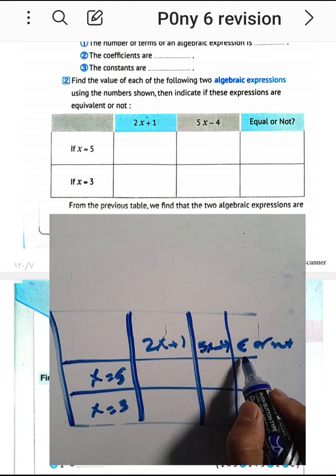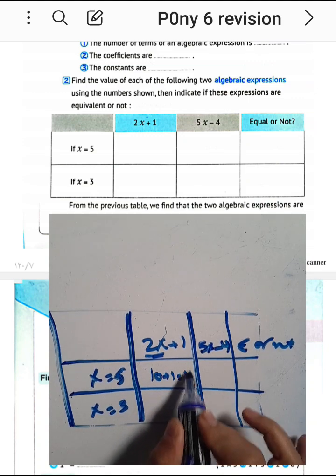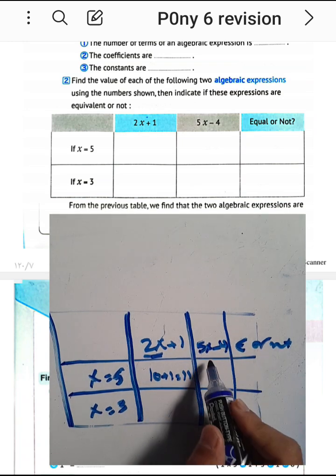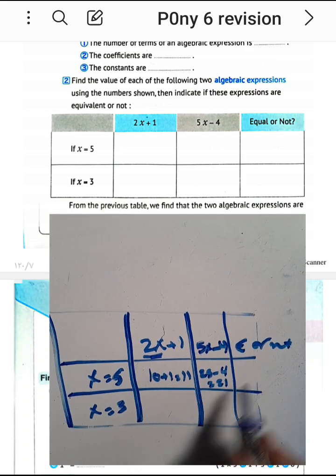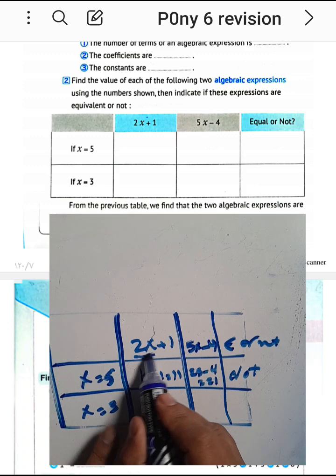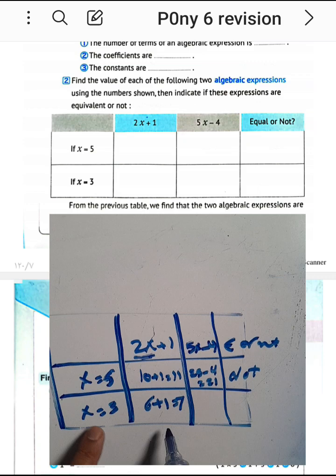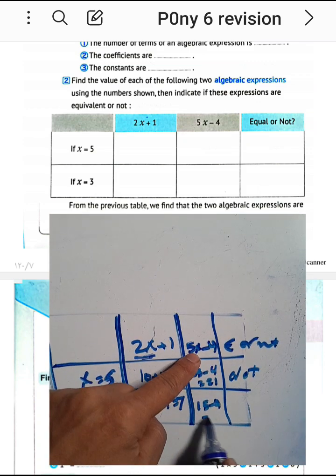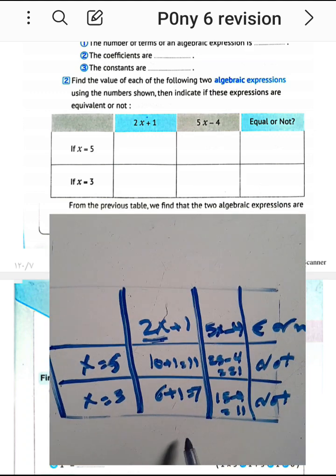Write 5 here. 2 times 5 equals 10, plus 1 equals 11. And here 5 times 5, 25, minus 4, it will be 21. So it will be not equivalent. Put x equal 3. 2 times 3 equals 6, plus 1 equals 7. Here 5 times 3 equals 15, minus 4 equals 11. So not equivalent here.